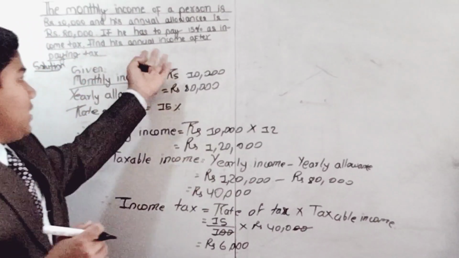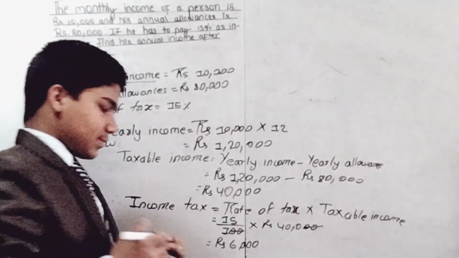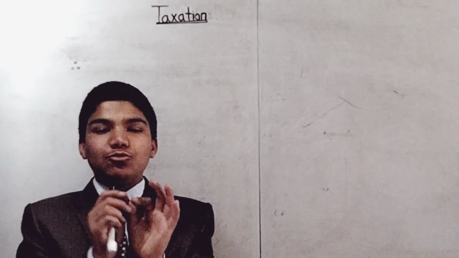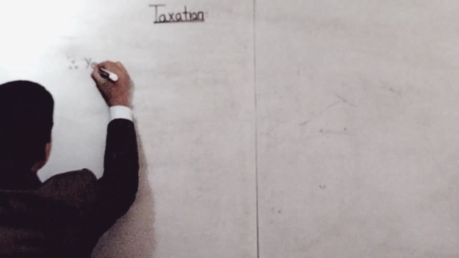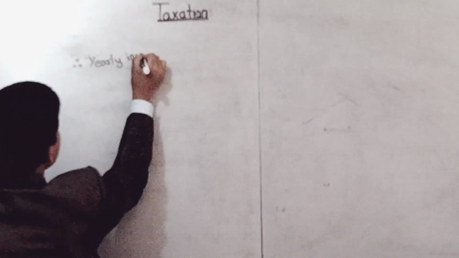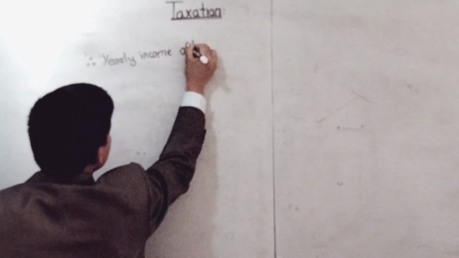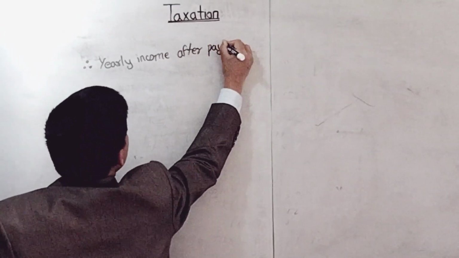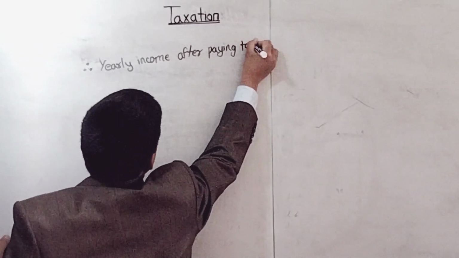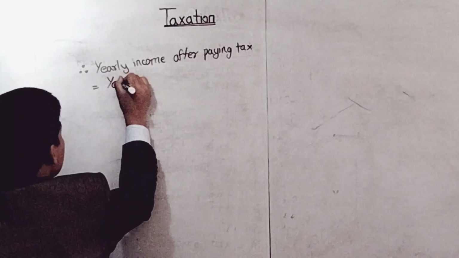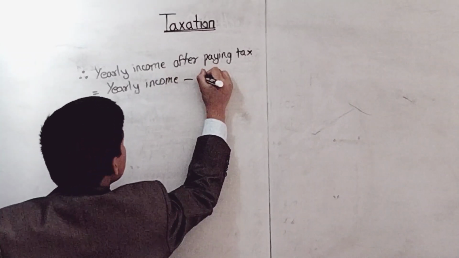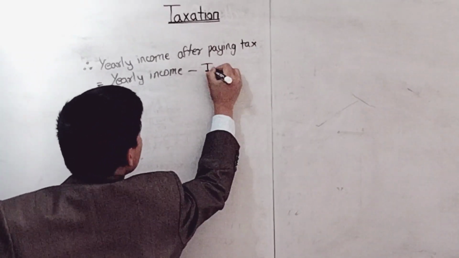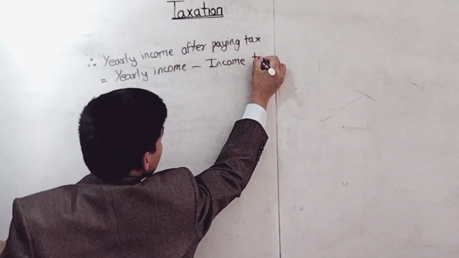Now let's find yearly income after paying tax. For finding yearly income after paying tax, we have to subtract income tax from yearly income. So let's do that. Yearly income after paying tax is equal to yearly income minus income tax.